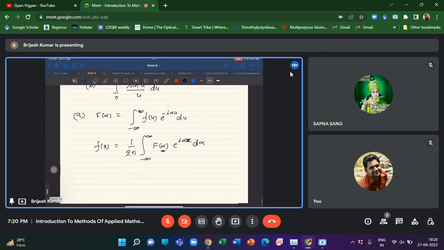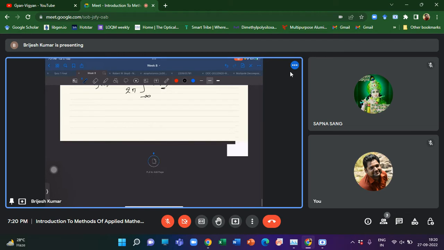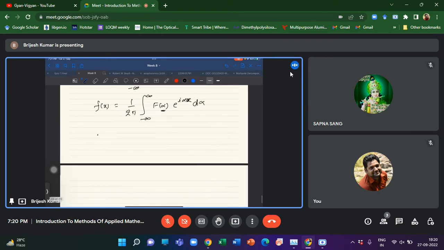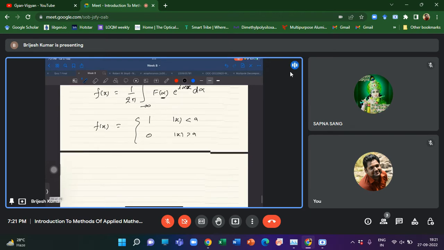Now if we consider one function f of x, f of x is equal to 1 when mod x is less than a, and when mod x is greater than a, it will be 0. So what will be the Fourier transform of this one?